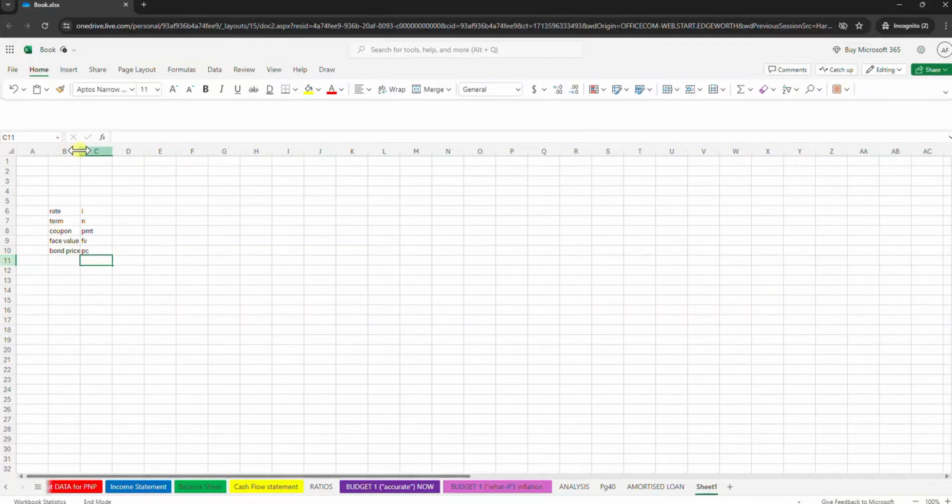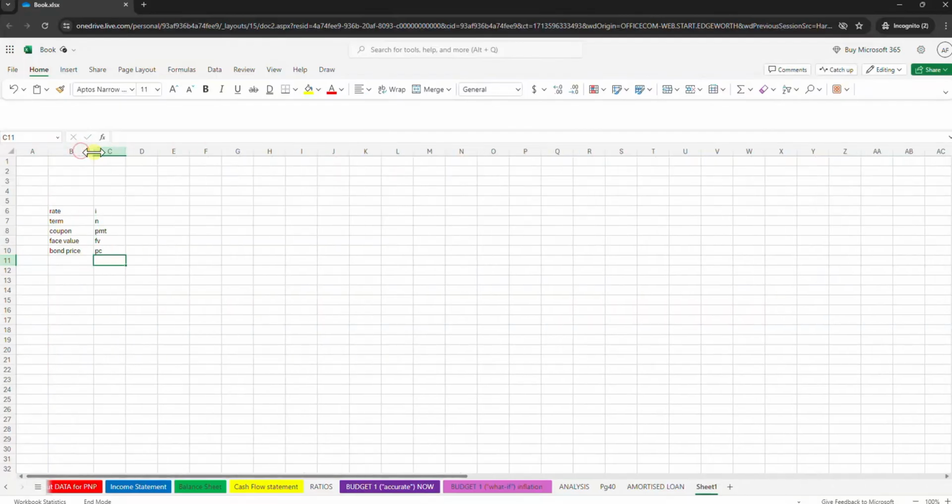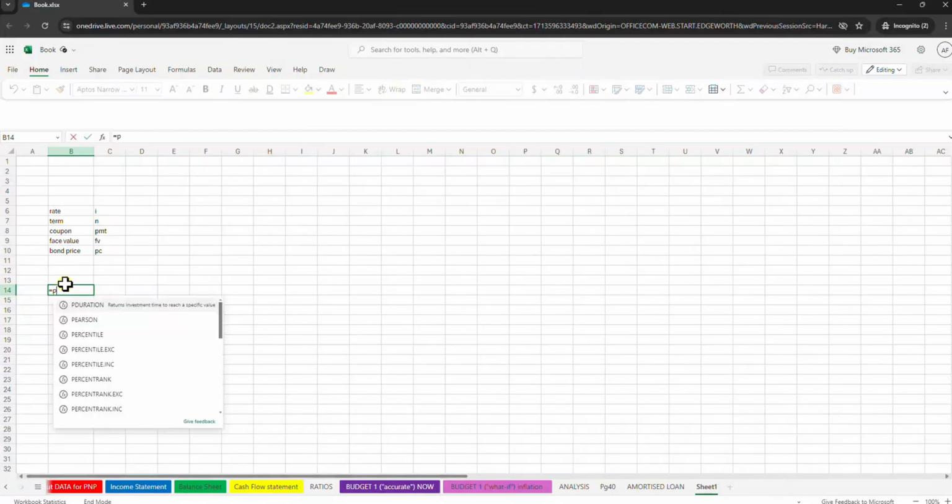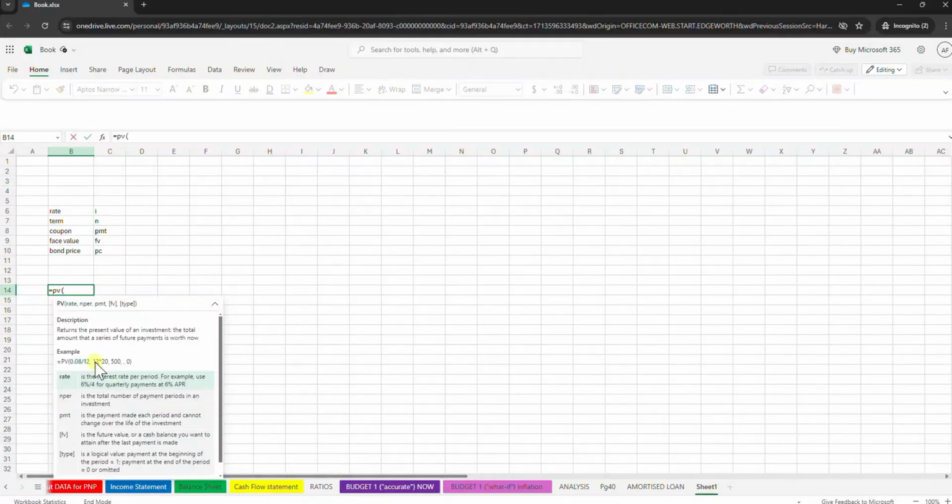So it's basically just normal time value of money. The only difference is when you're reading this actual formula. So let's type it in again. You need to remember that this rate is referring to the I, or the yield to maturity.